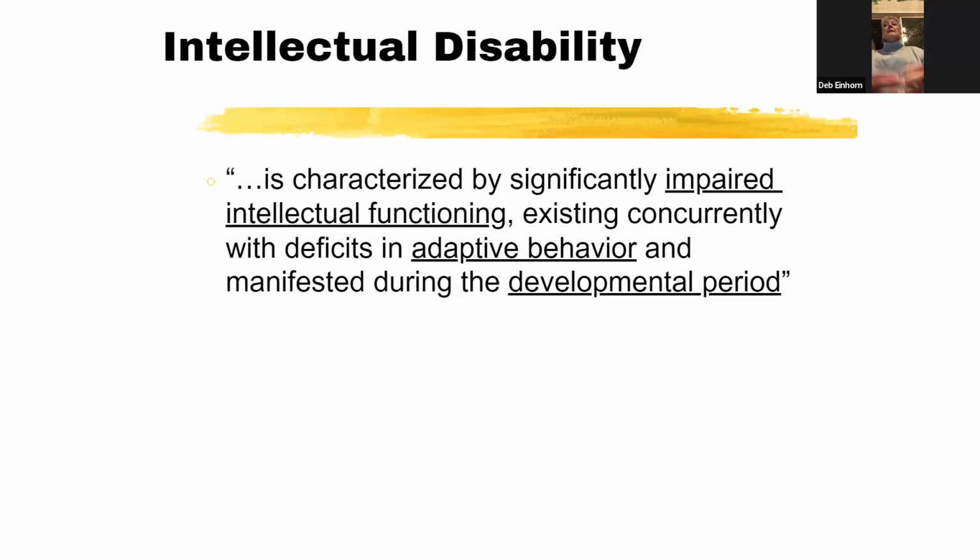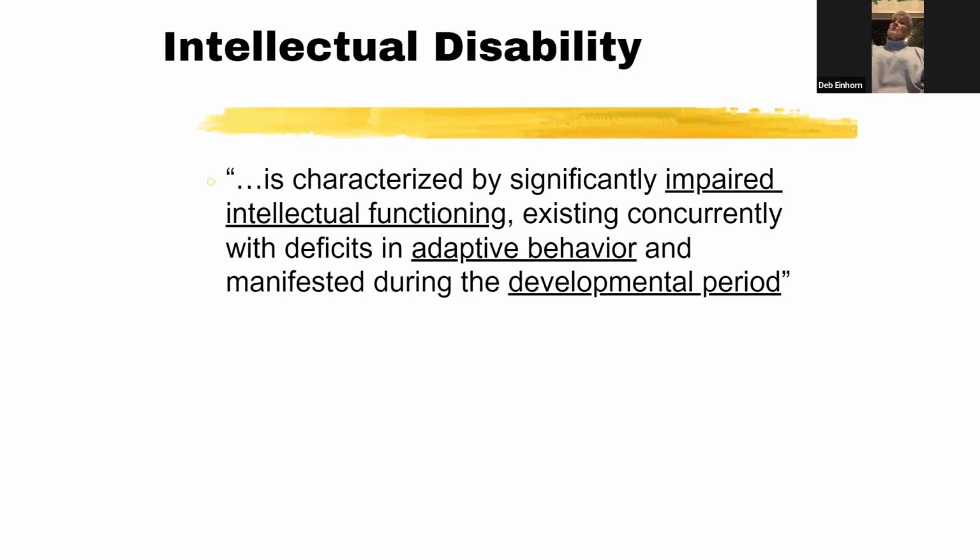Adaptive behavior are things that you're able to do to take care of yourself, which would include grooming and being able to communicate with people, being able to talk, to listen, to follow directions, to take care of yourself.